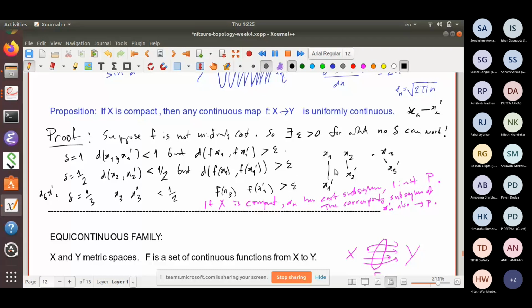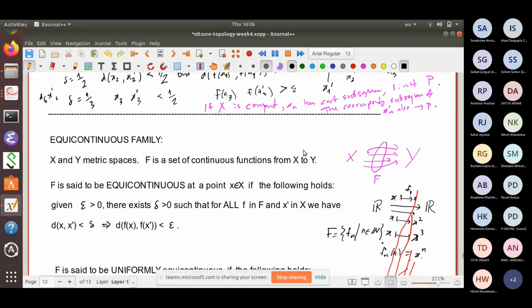And because they come closer and closer to the limit point, their images also come closer and closer to the image of the limit. Therefore, they come closer and closer to each other by triangle inequality. Therefore, they can no more satisfy this, and therefore contradiction. This was the proof that on a compact metric space, any continuous map is uniformly continuous.